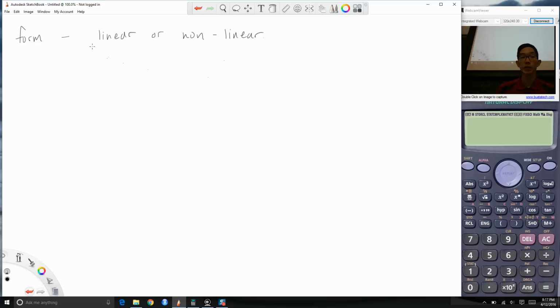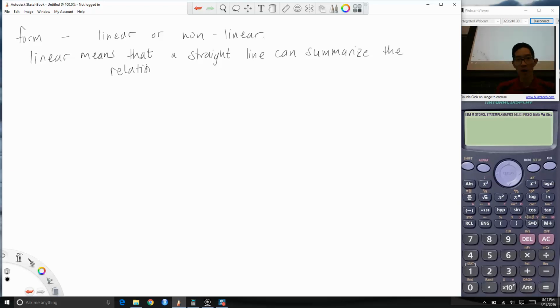So linear means that a straight line can summarize the relationship. Okay, and nonlinear means a straight line does not work.